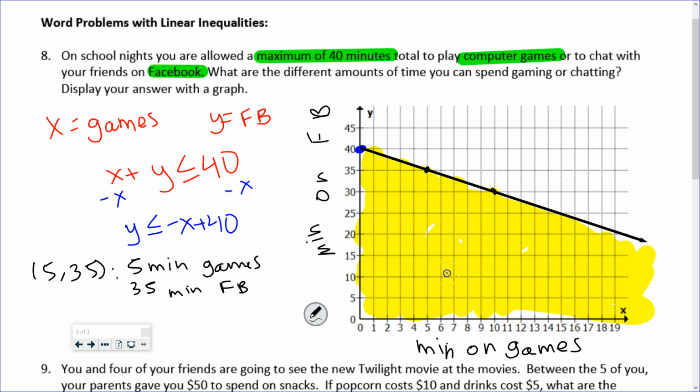Yes. Could I do 11 minutes on games and 5 minutes on Facebook? Yeah. I'm not using up all my time, but it's still allowed, right? Could I do 12 minutes on games and 35 minutes on Facebook? Nope, that is not going to work. That is not in my solution set. Good. So yes, a point on the line will work for us because it's a solid line, or we can pick anything in the shaded region.